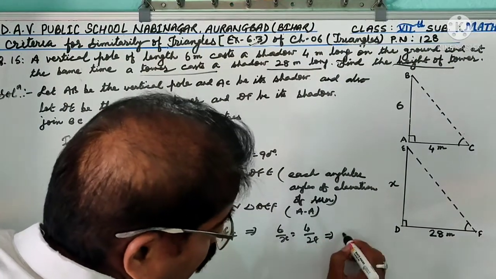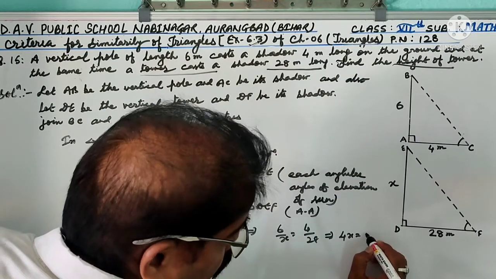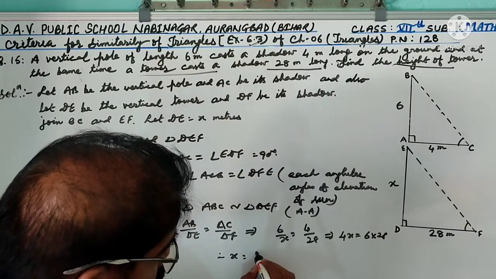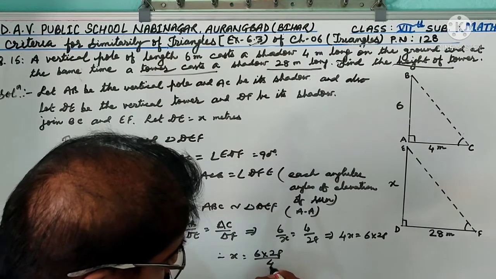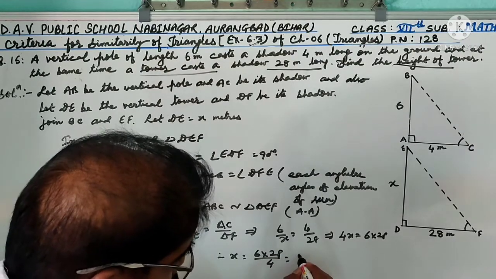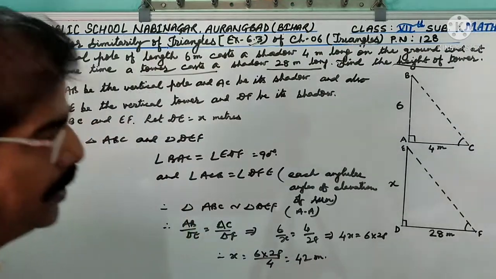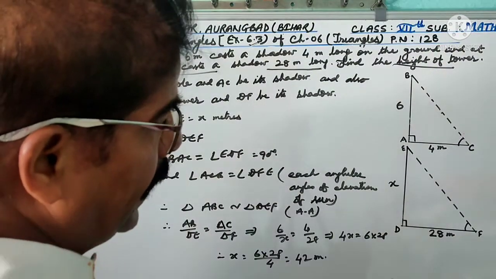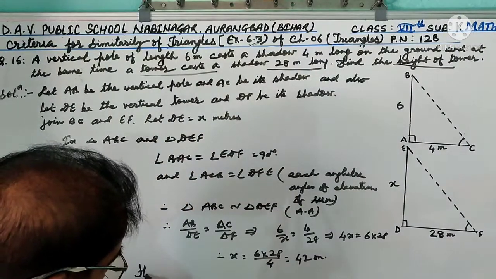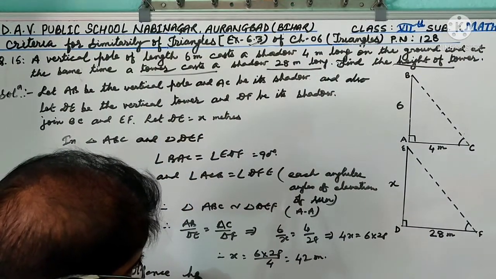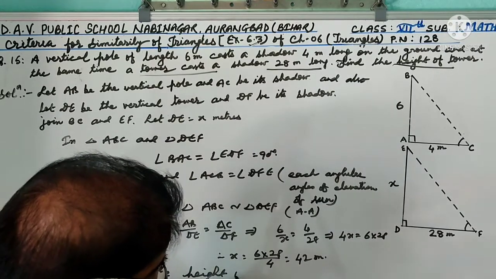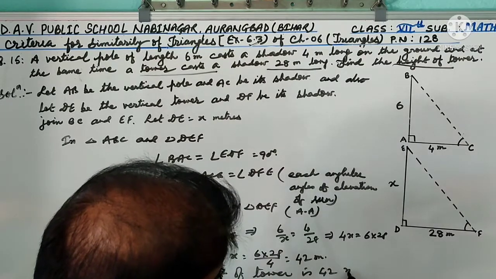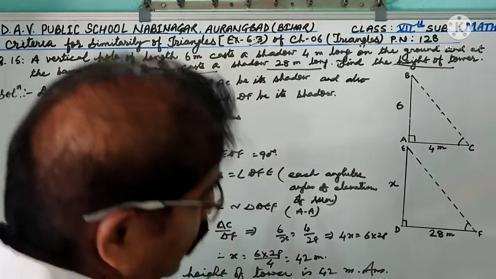So 4x equals 6 into 28. Therefore x equals 6 into 28 by 4, which is 7 times 6, 42 meters. So dear students, the height of the tower is 42 meters. This is your answer.